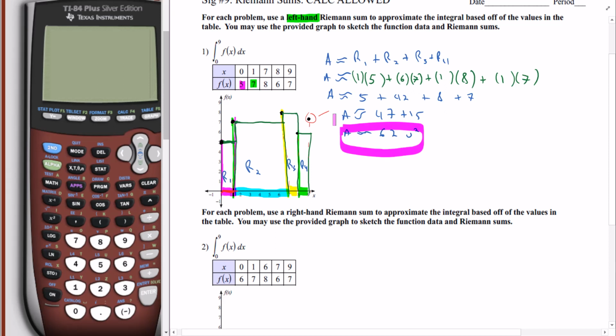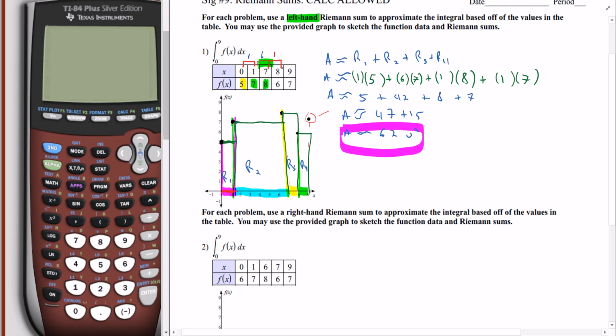And I just wanted to show you real quick how we could use the table. Notice that the base is basically this, and if we're using the left endpoint, then we use this number, right? And then the next base would be from there to there, right? So this is 1, this is 6, and we would have used this height, because it's the left endpoint. And then the next one would have been a base of 1 again, but we would have used this height.